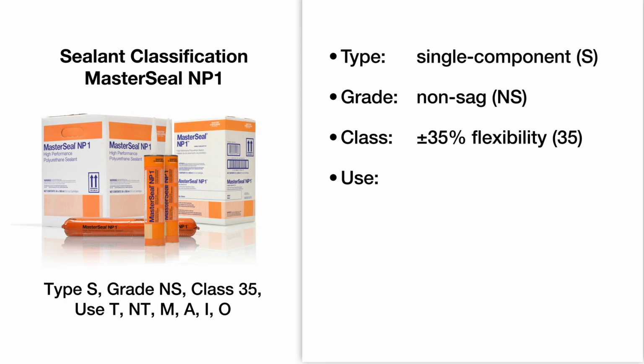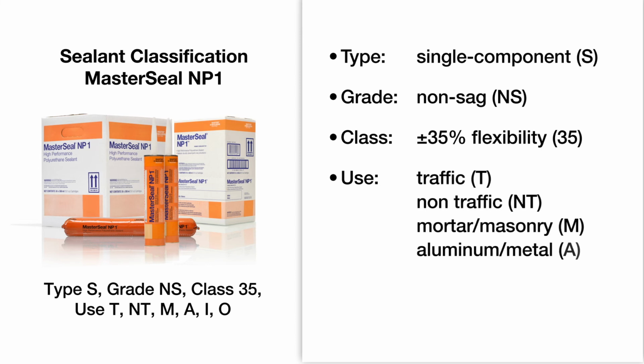It has been tested and deemed acceptable for use in traffic and non-traffic joints, in mortar or masonry, on aluminum or metal, and for immersion in water, as well as other types of construction applications.